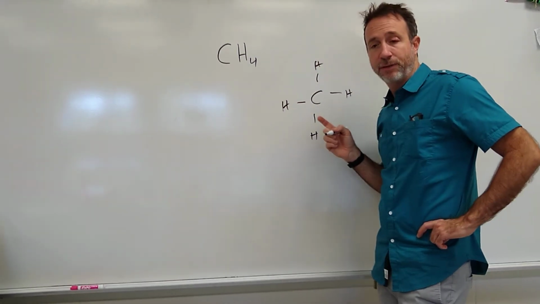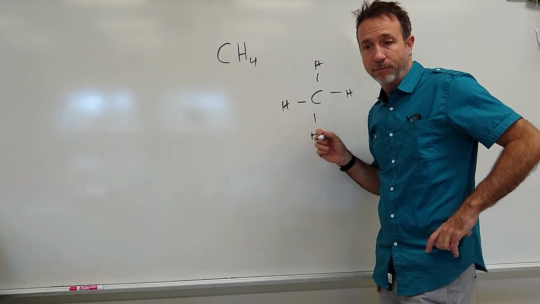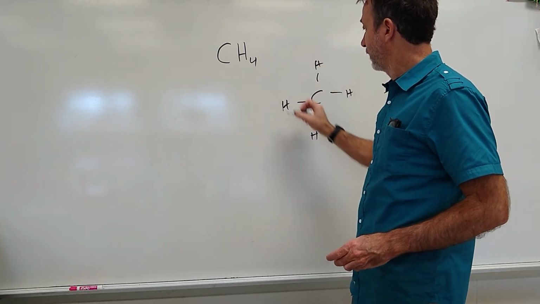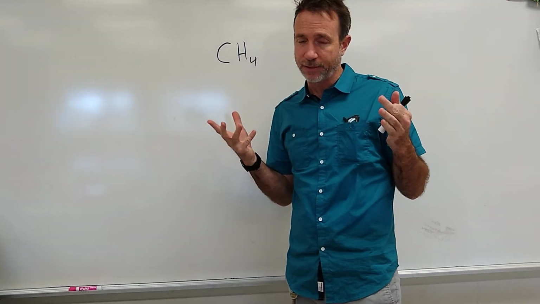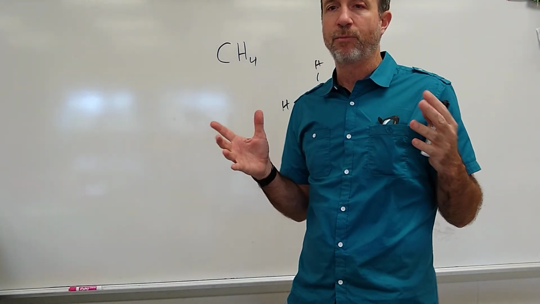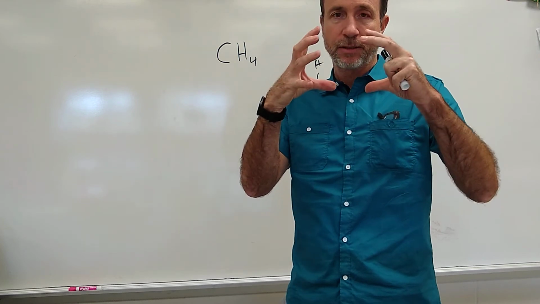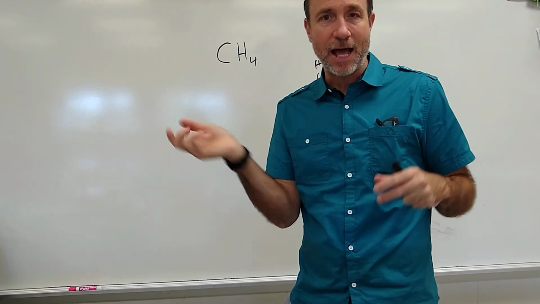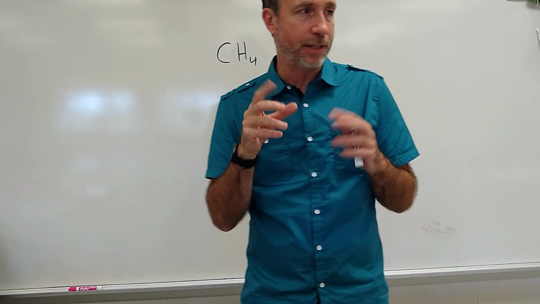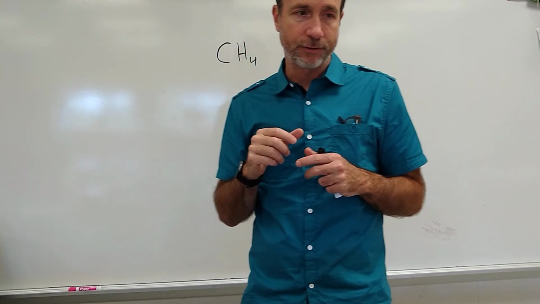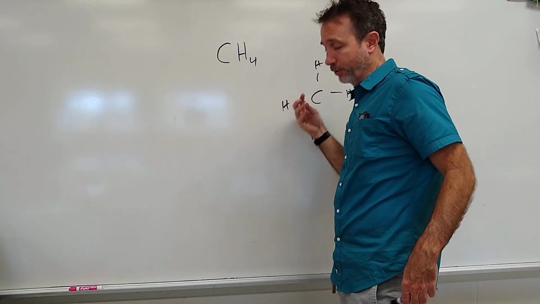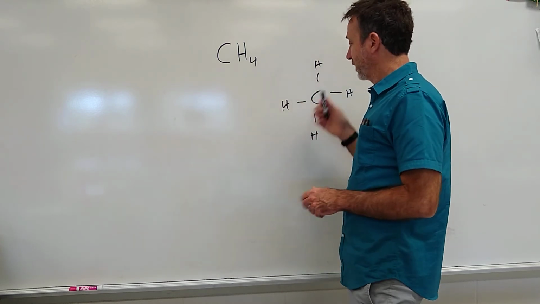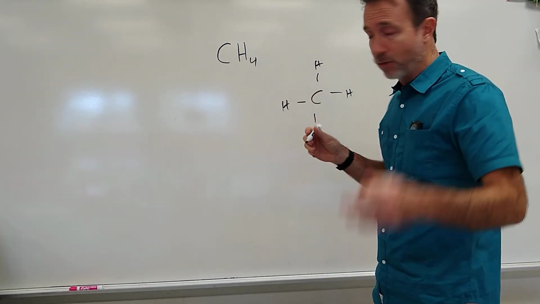It would actually be 3-dimensional though, because all of these hydrogens are staying as far away from each other as they can. So you end up with this molecule that looks like a little jack, when you're playing jacks, the little figures. And it doesn't lay flat. It's 3D. It pops up. This is tetrahedral.